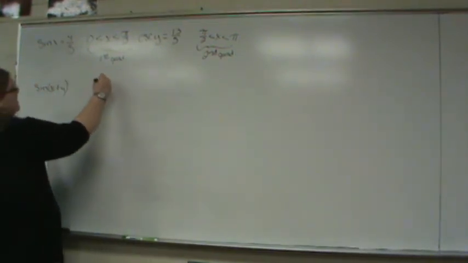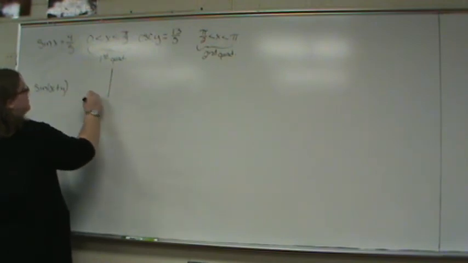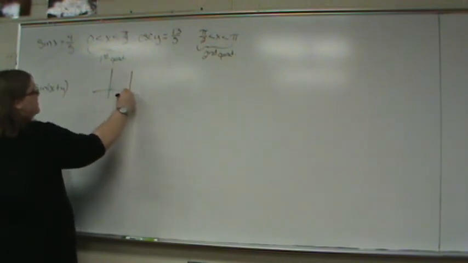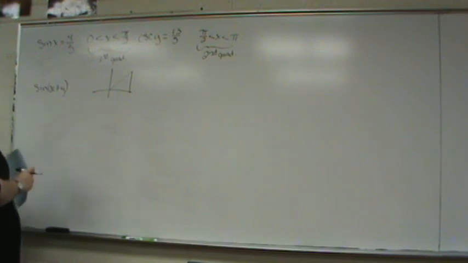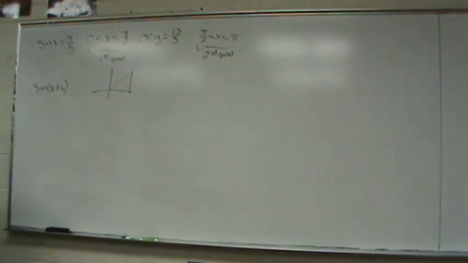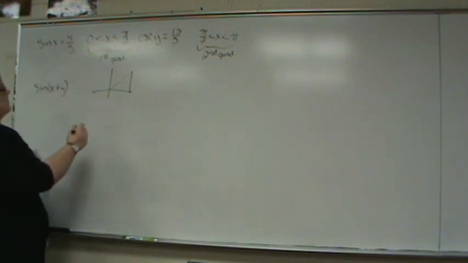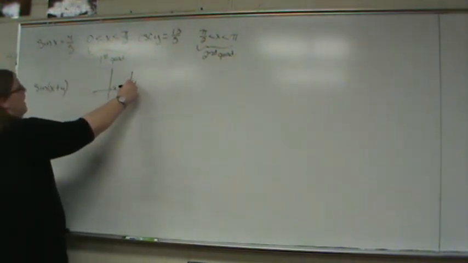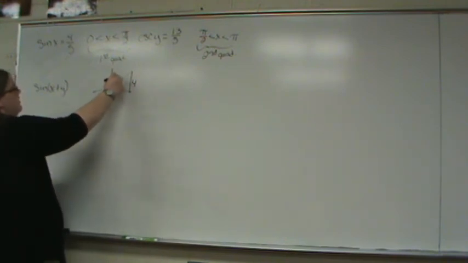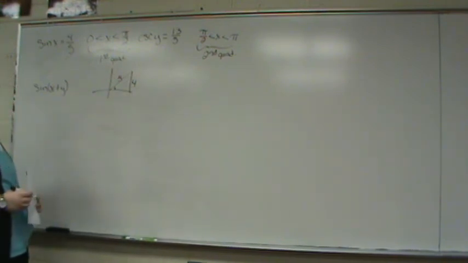For our x, we're in the first quadrant, and we're told that the sine of that angle is 4 over 5. So we can label our triangle. Our opposite side is 4, our hypotenuse is 5.